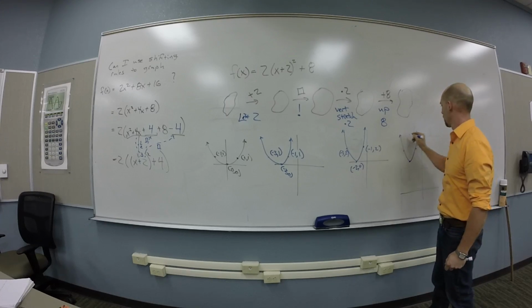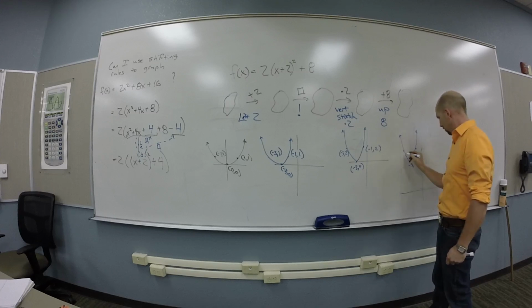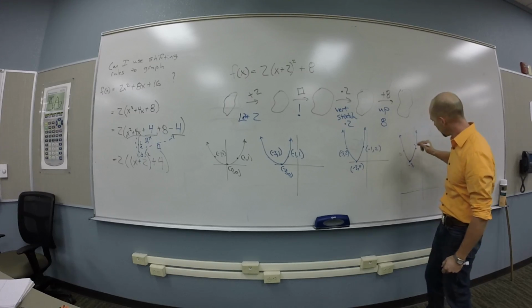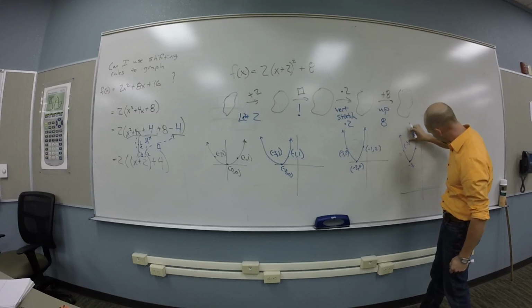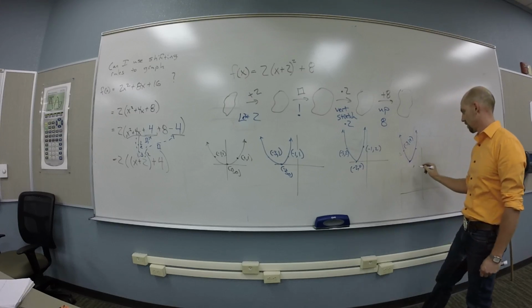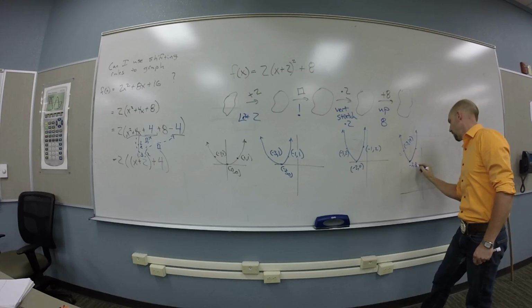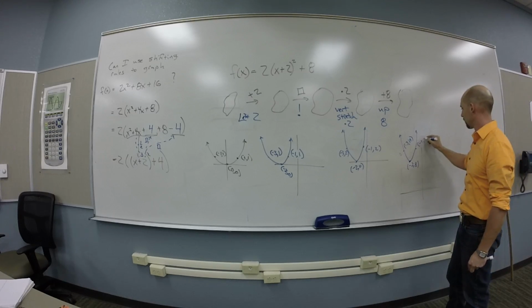Minus 3, 10, and minus 1, 10, and minus 2, 8. Sorry, this one's minus 3, 10. Writing is hard today. Okay, minus 3, 10. This one is at minus 2, 8. And this last guy is at minus 1, 10.